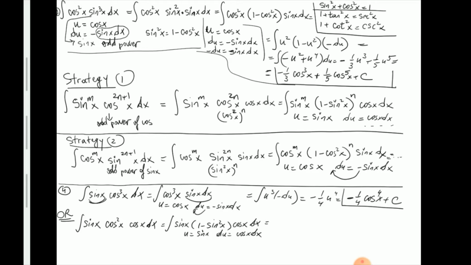So then this becomes u times the quantity 1 minus u squared du, integrate, and then the final answer would be 1/2 sine squared of x minus 1/4 sine fourth of x plus a constant c.